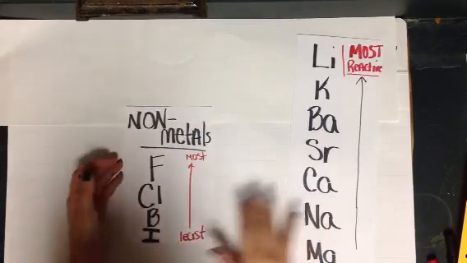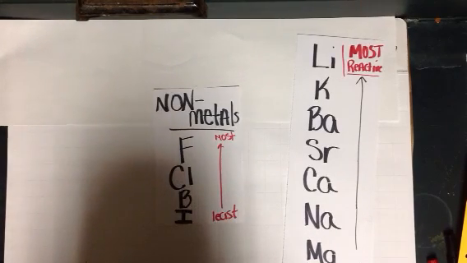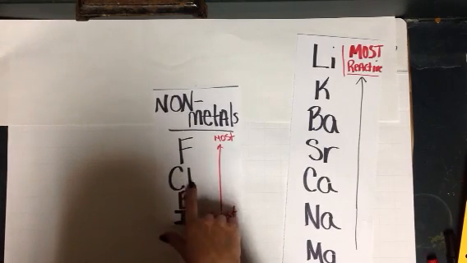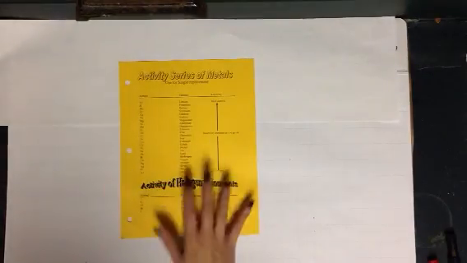Same thing with the nonmetals. If fluorine wants to replace chlorine, it can because it's more reactive. If chlorine wants to replace fluorine, it can't because it's less reactive. So chlorine cannot replace fluorine. Okay, let's remember that. And note that you're going to have to always use your activity series when you do single replacement.